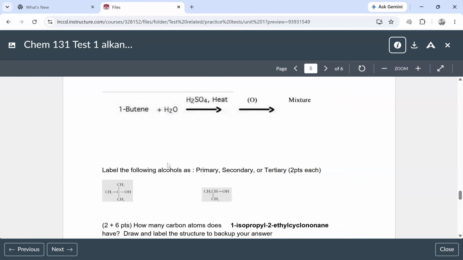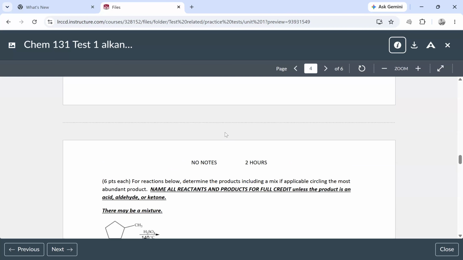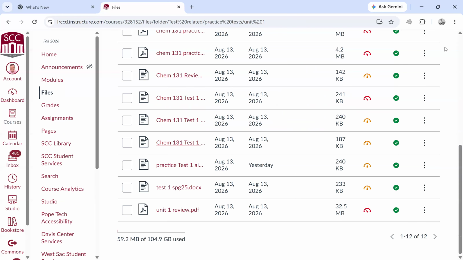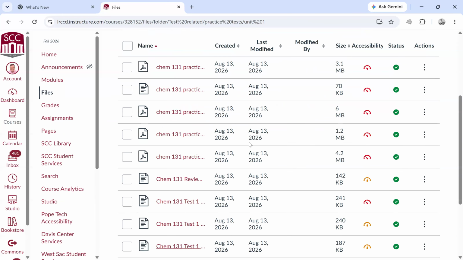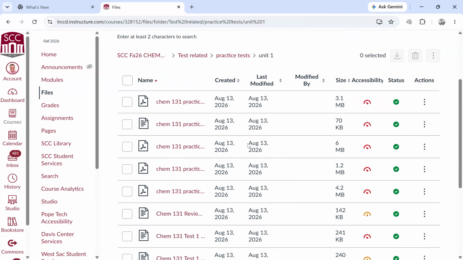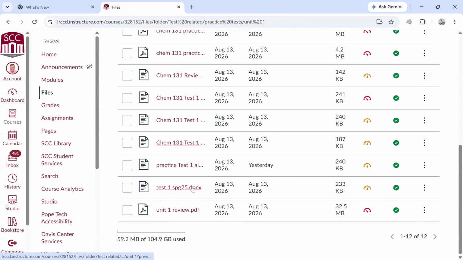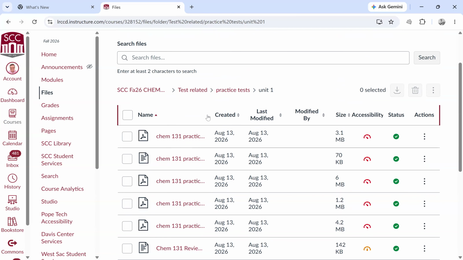Anyway, so you've got some practice problems, practice tests to study from as well. And basically, the day before the test, I usually go over one of these practice tests. It'll probably be this one here. So you've got these guys, you've got dry labs.